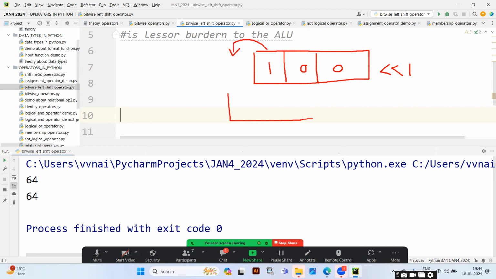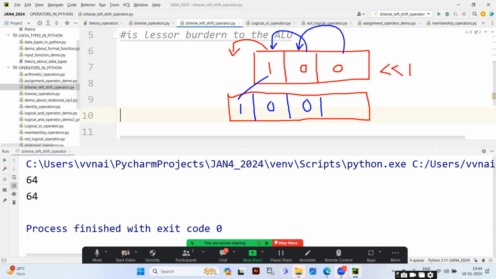The value is going to become what? This particular 1 is shifted to here. This 0 will be moved to this position. This 0 is going to move to this particular position. Now, this position is going to be vacant because it is already shifted.